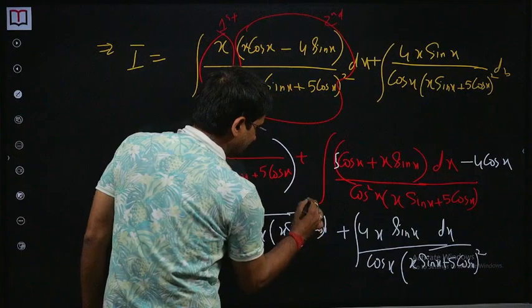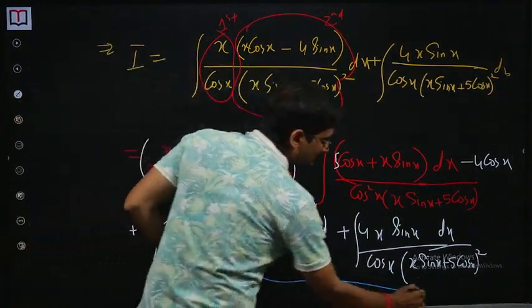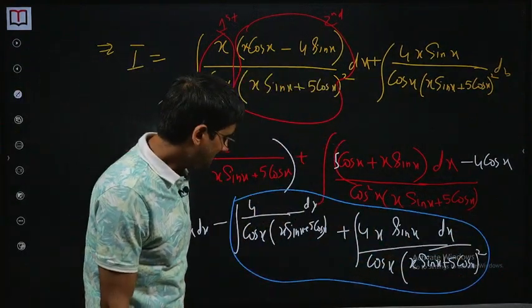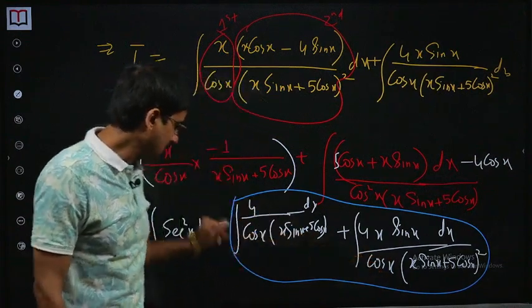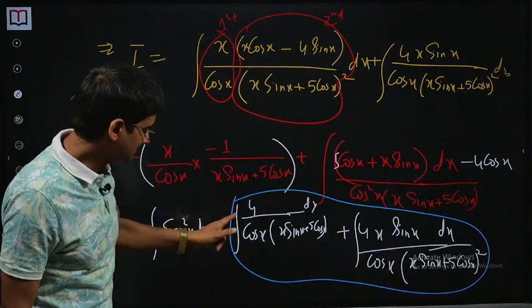Isn't that so, children? Now we are left with these two terms to deal with. If we try to bring them together, if I take LCM, then x sin x plus 5 cos x will get multiplied here.